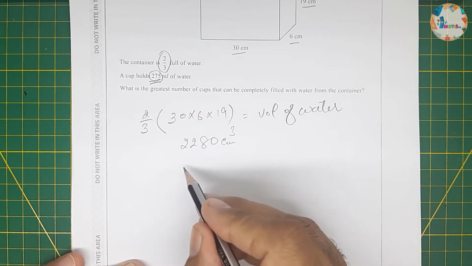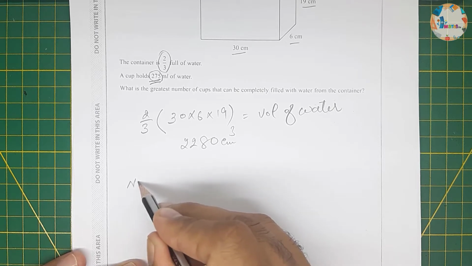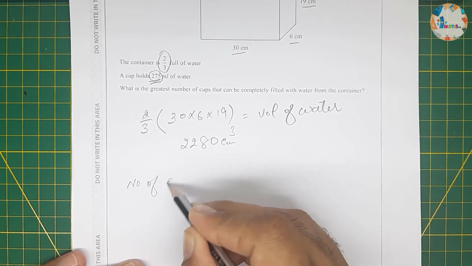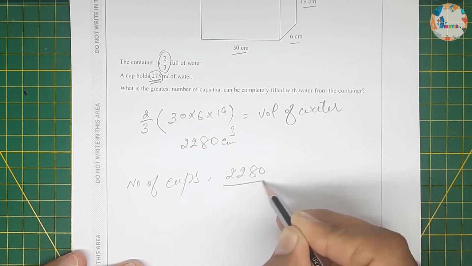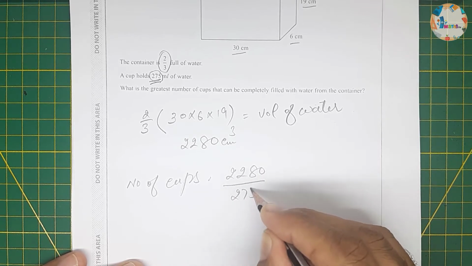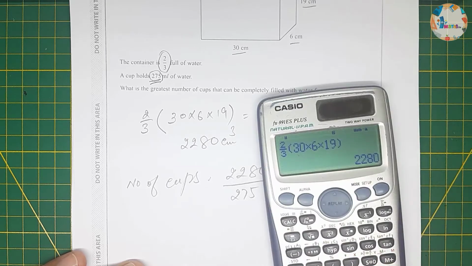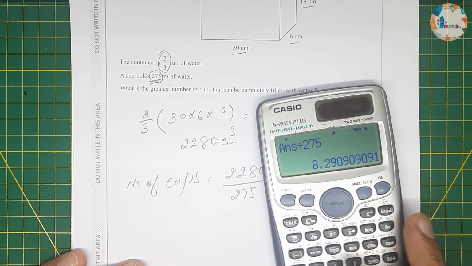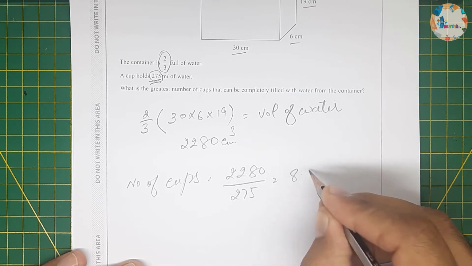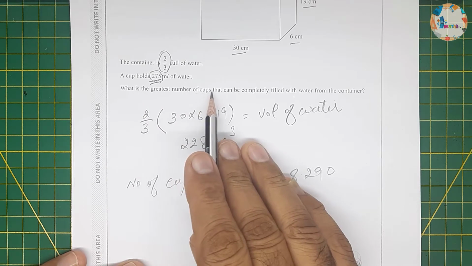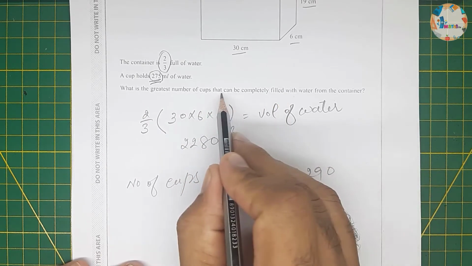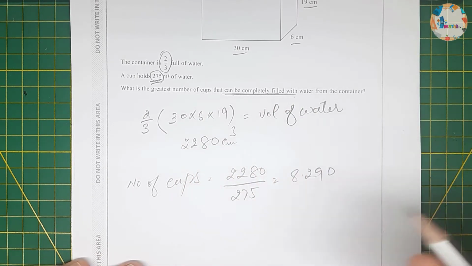A cup holds 275 milliliters. So how many cups will there be? The number of cups will be equal to 2280 divided by 275, which will give us 8.290. They are asking what's the greatest number of cups that can be completely filled with water.